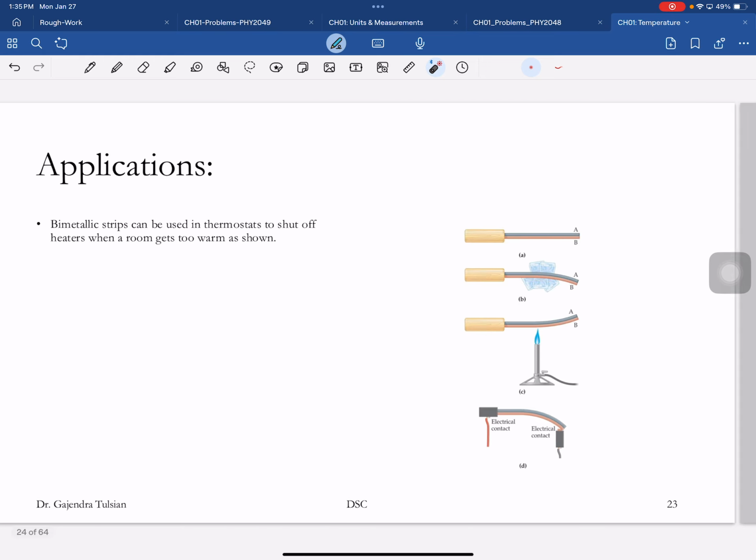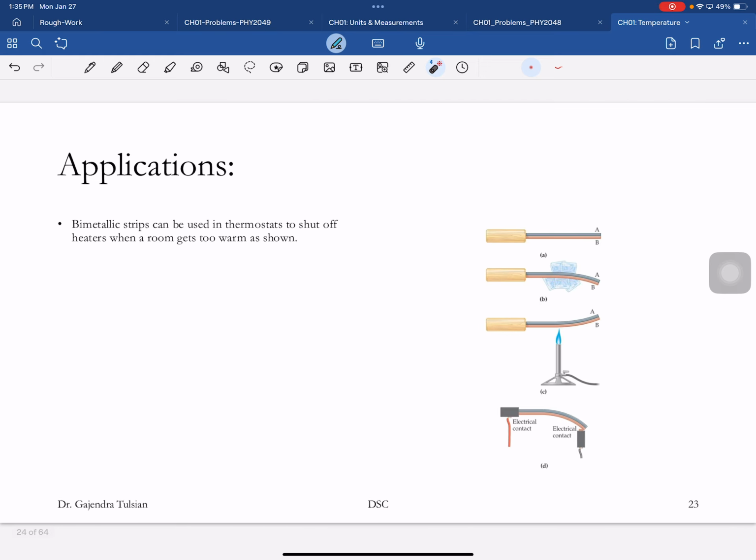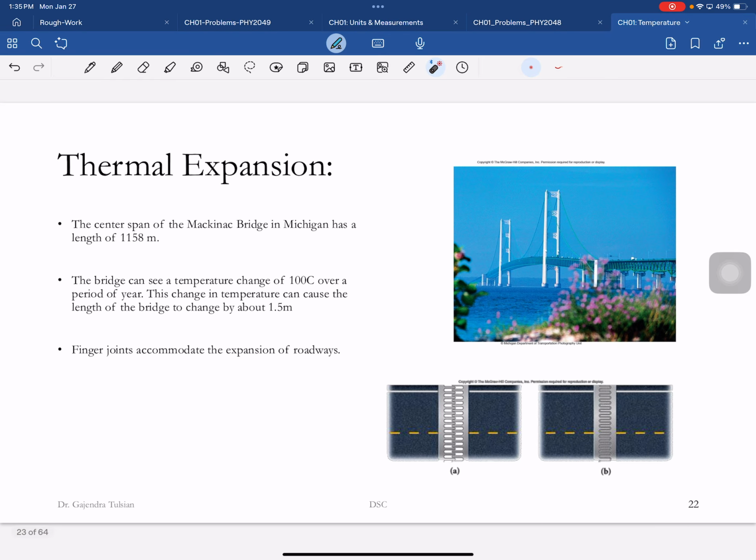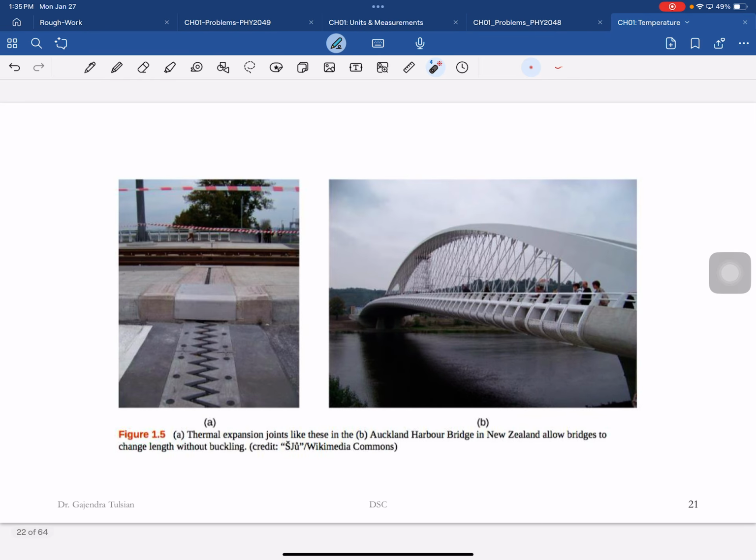Those cuts on the sidewalks that you see are thermal expansion gaps. If they didn't have those cuts, the sidewalks would crumble. So you have to account for all of that. Next time you walk over a bridge, you'll see those thermal expansion gaps.